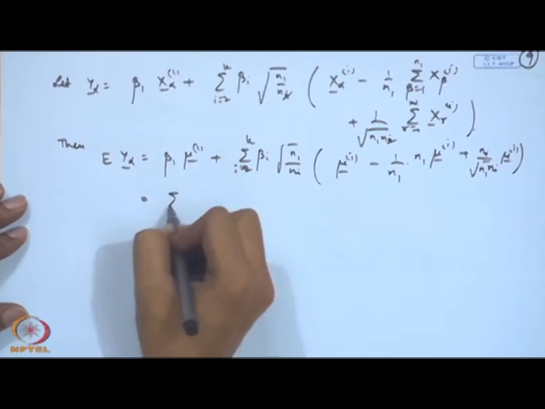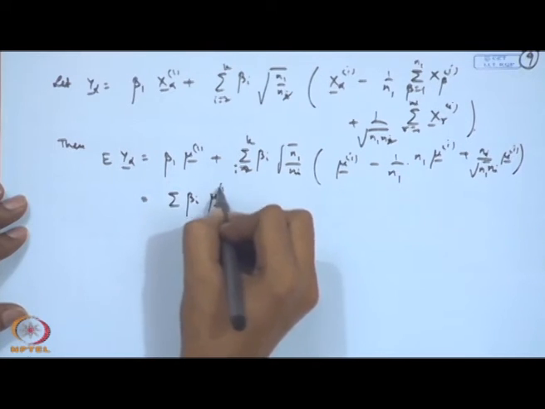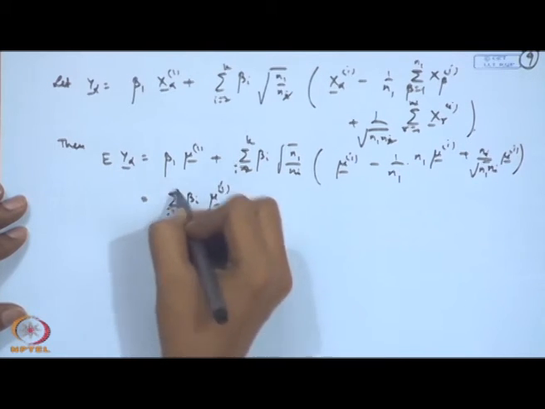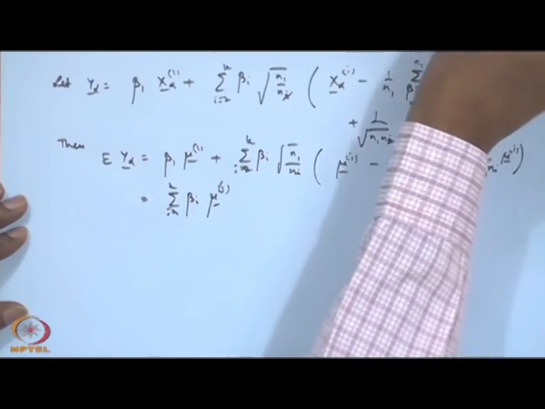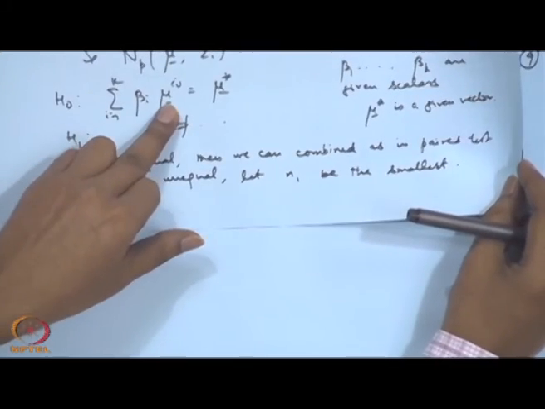So, you get simply sigma beta I mu I, which is the desired term in the hypothesis here.